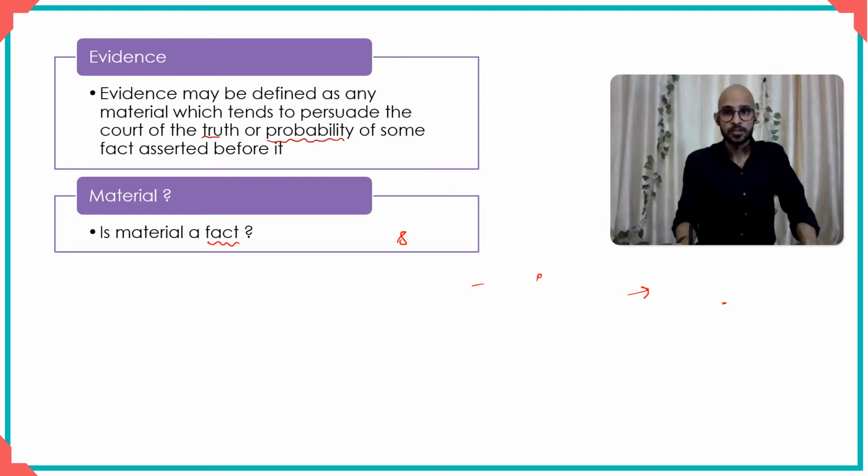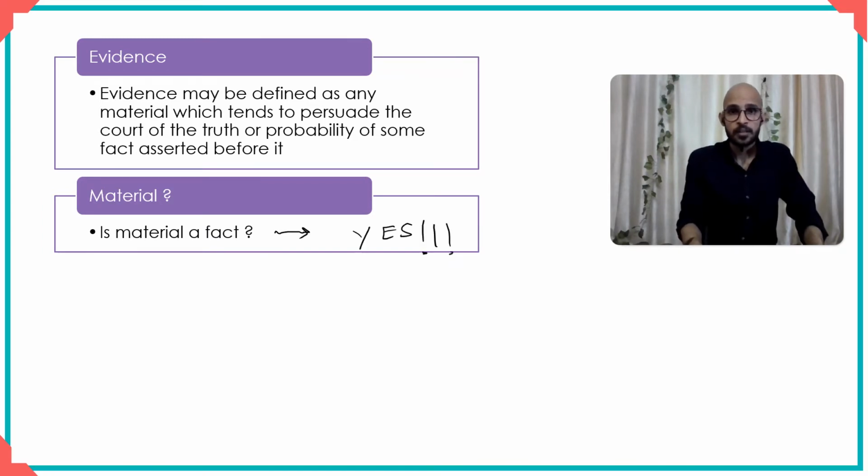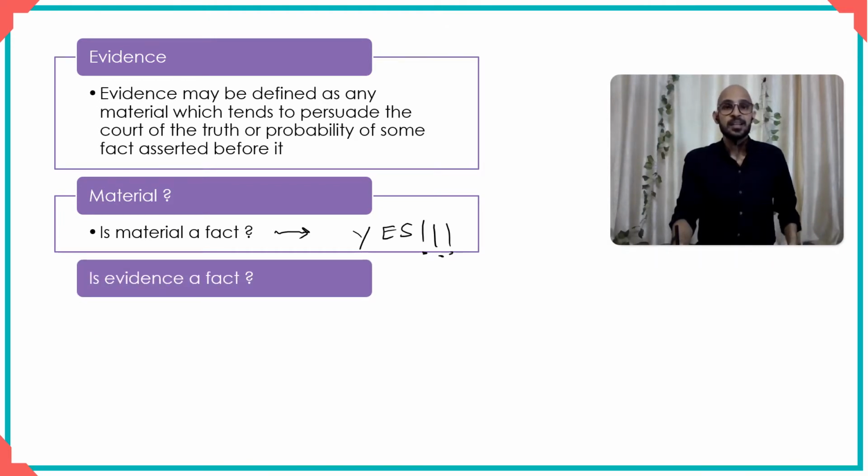Well, going by the definition, it appears that a material is a fact. So in order to answer this question, whether material is a fact, like the material might be the paper or it might be some photograph, all of these things are material, right? So is the material a fact? I'd have to say yes. The next question that follows obviously is, if evidence is a material and the material is a fact, is evidence a fact?